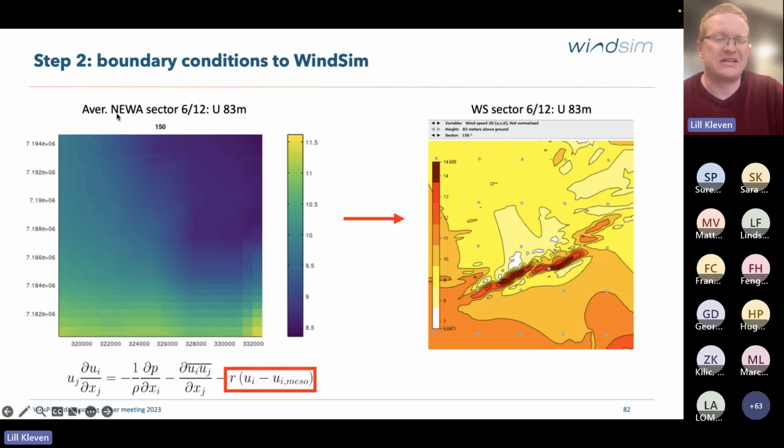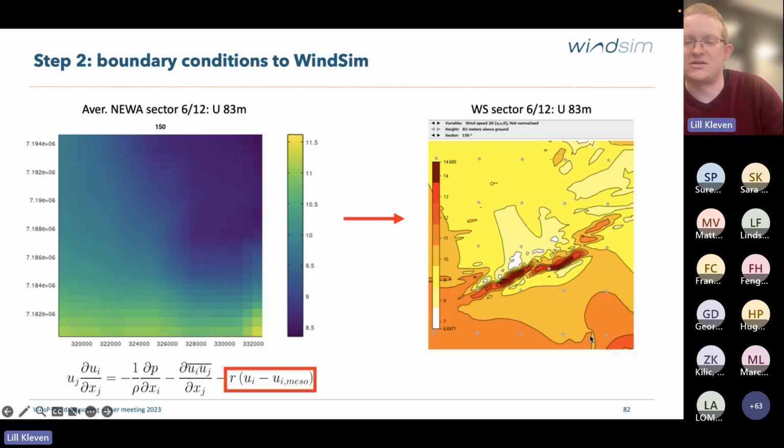So here's an example of the New European Wind Atlas. We have used 12 sectors, and this is sector direction 150 at the horizontal wind speed at 83 meters, which is the measurement height at Hundamer. And here we have specified this as boundary conditions to the WindSim simulation.